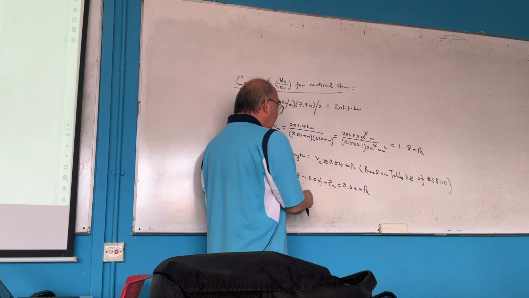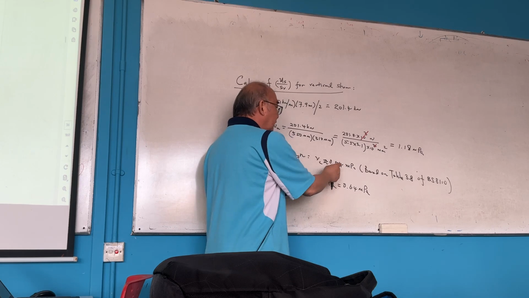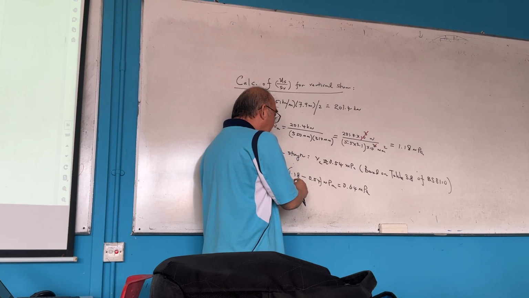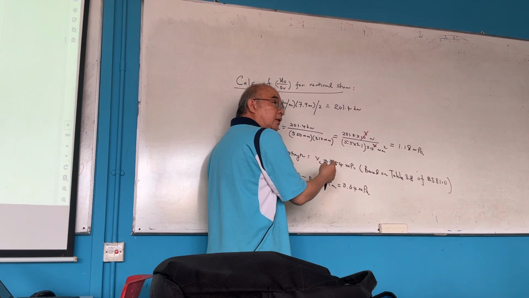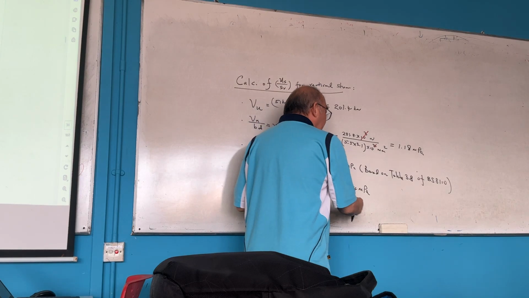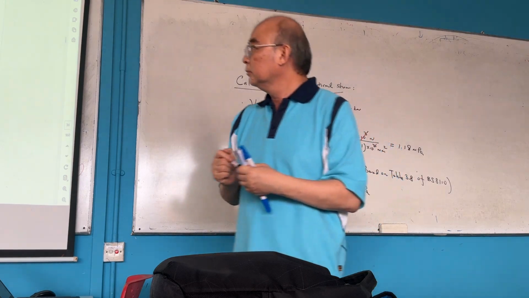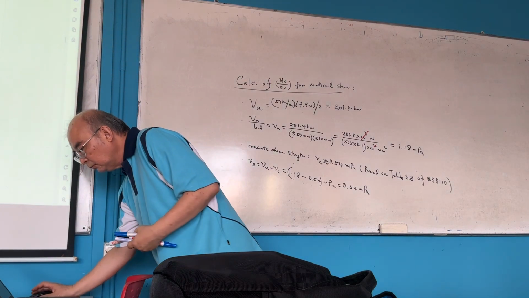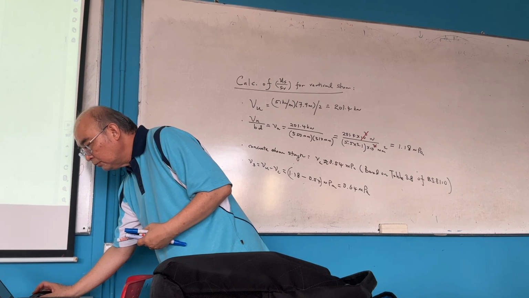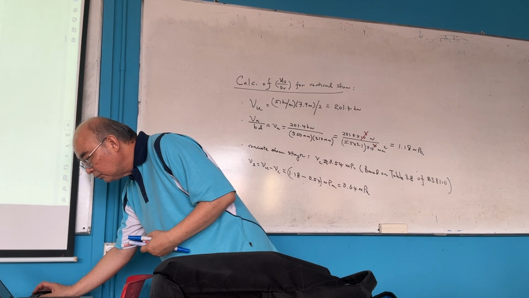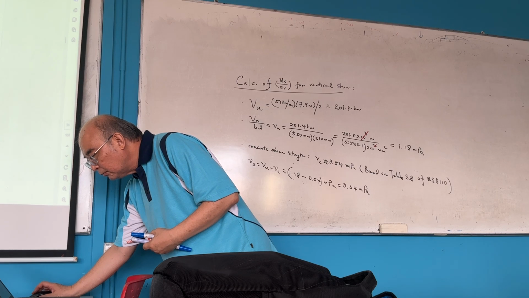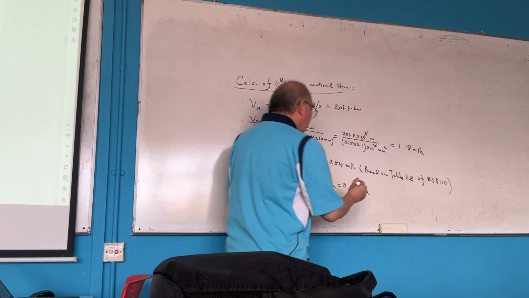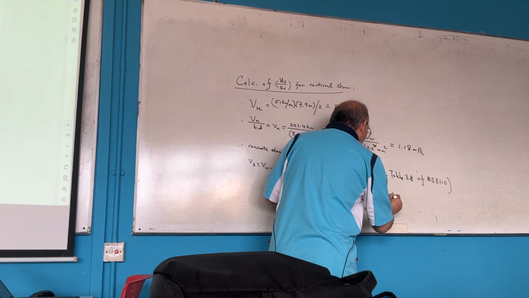Let's say for whatever reason this one comes out to be 1, say vc is equal to 1. Then 1.18 minus 1 will be 0.18. You need to have a minimum of 0.4. But in our case, this is greater than 0.4 MPa.